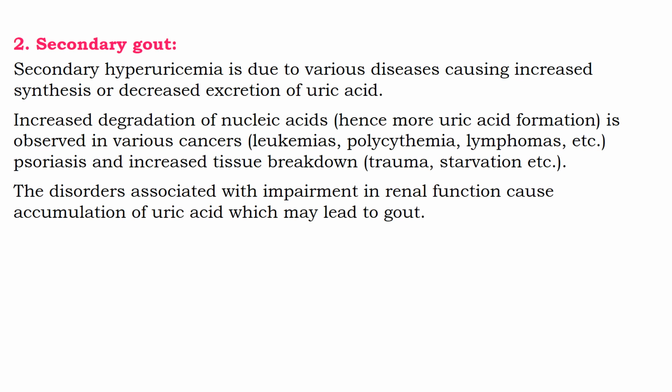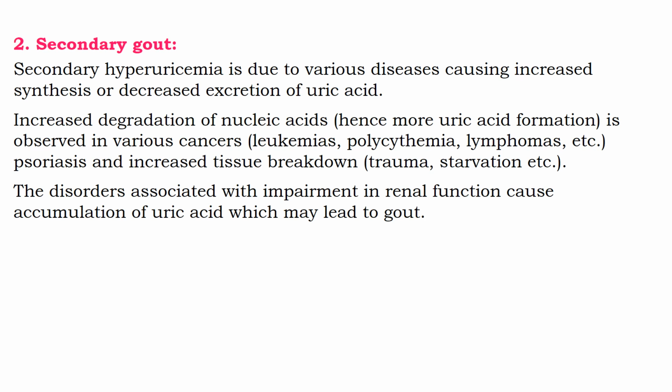So now the secondary gout, which is also called hyperuricemia. Hyperuricemia is a metabolic disorder where there is an increased concentration of uric acid in the blood. It is due to various diseases causing increased synthesis or decreased excretion of uric acid. These are the two main effects.